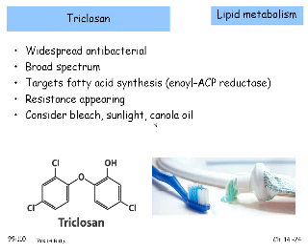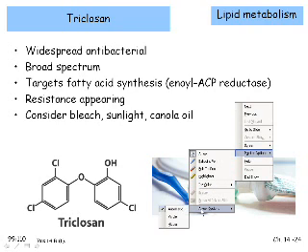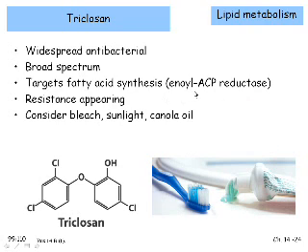So we talked about fatty acid synthesis and fatty acid breakdown. We talked about how fatty acid synthesis actually occurs on a single enzyme in us. In bacteria, the enzymology is a little different, and it turns out that the enzyme responsible for fatty acid synthesis, specifically the enoyl acyl carrier protein reductase, is a target that is different enough in bacteria than in us that things can target it without hurting us.